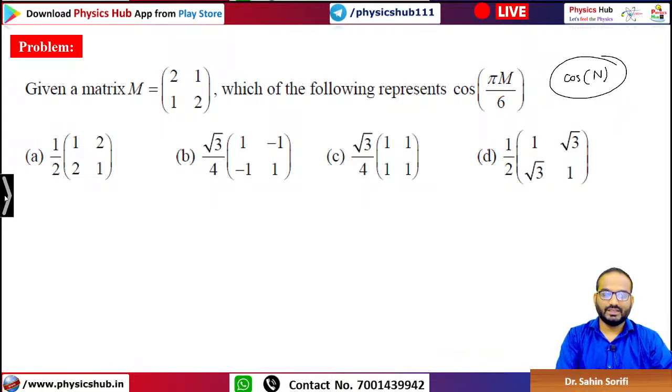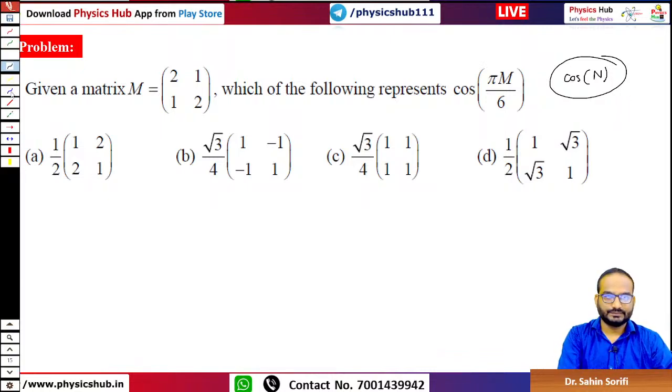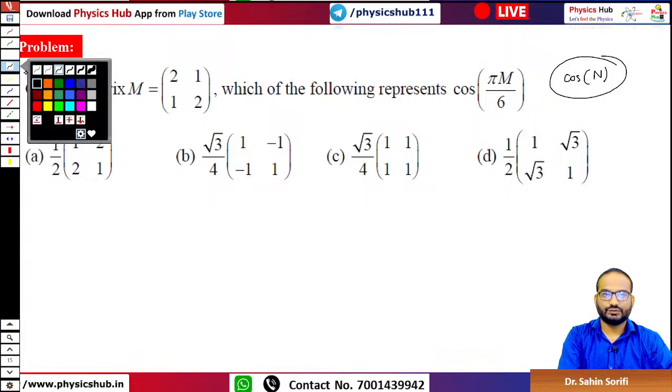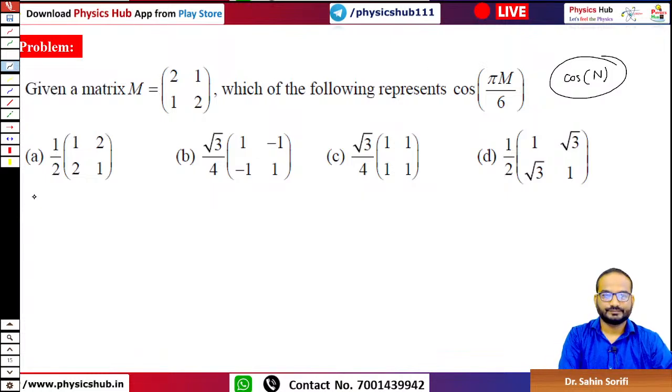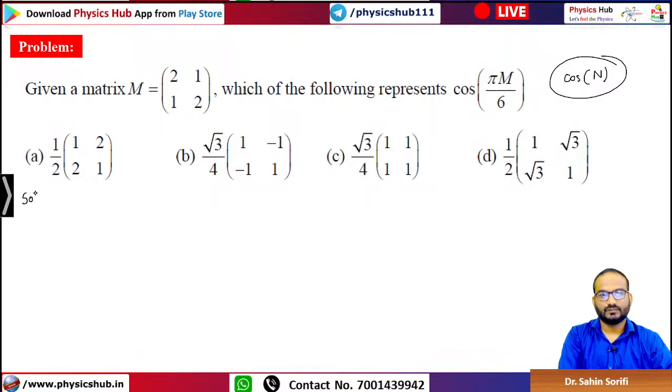Okay, let's start together. I am doing, you also do. Given matrix M equals 2 1 1 2. You have to find cos of M pi by 6. So pi M by 6, let's tackle that first.